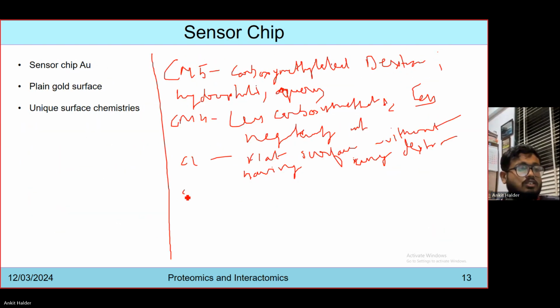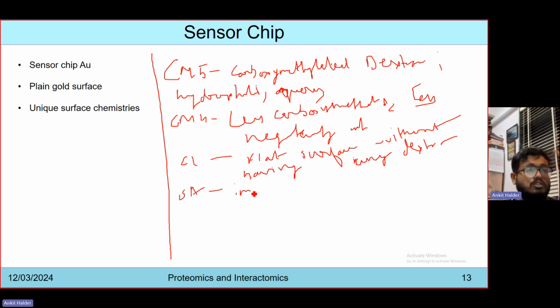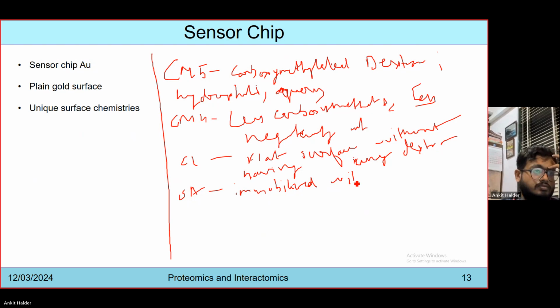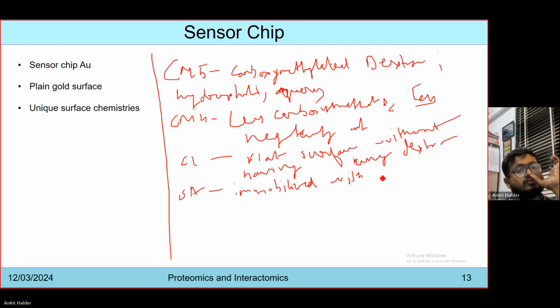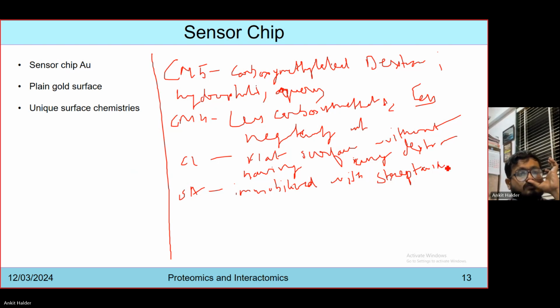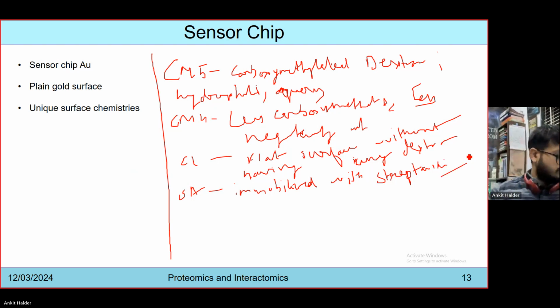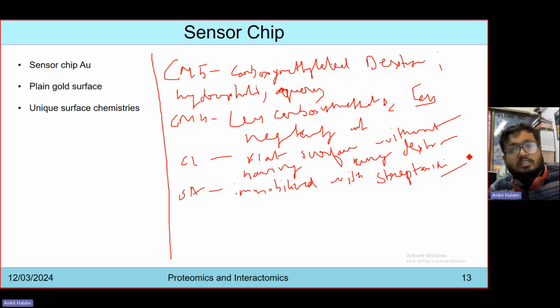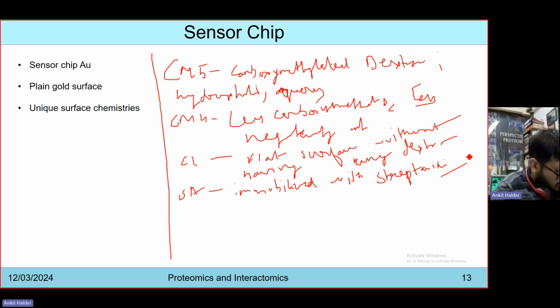So this was immobilized with streptavidin, the carboxymethylated dextran matrix.